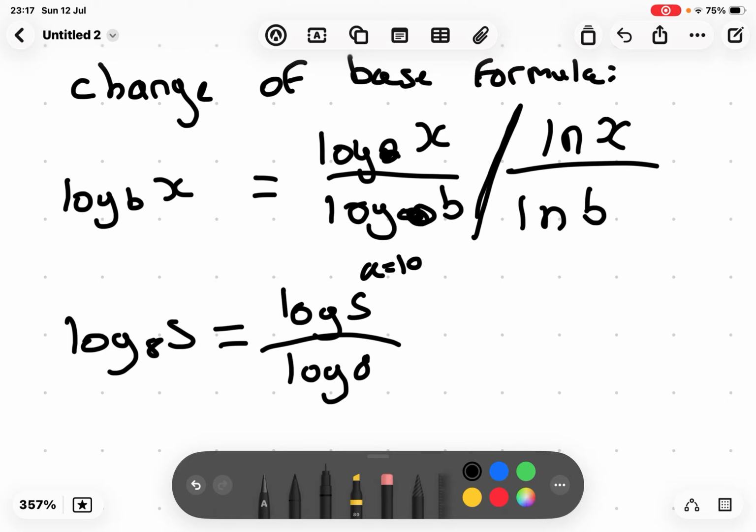Hey, I'm revising logarithms, as you understood. I don't understand how the change of base formula works. Sure. When you change the base of a logarithm, you're just rewriting it in a different base without changing its value. Say you have log base a of x. The change of base formula says that's equal to log base b of x divided by log base b of a, any base b that you like.